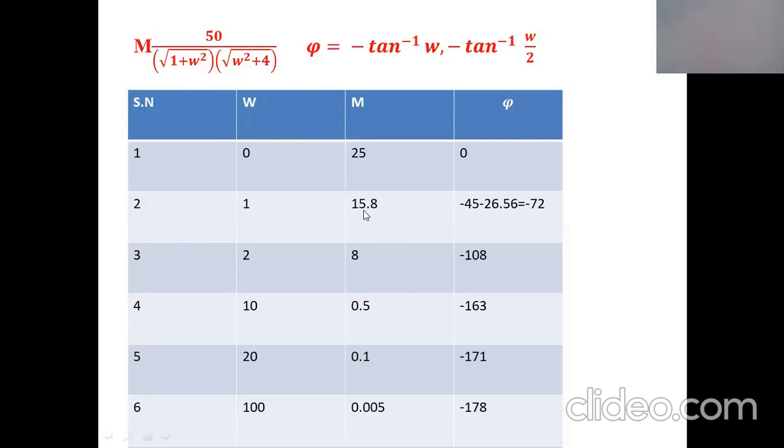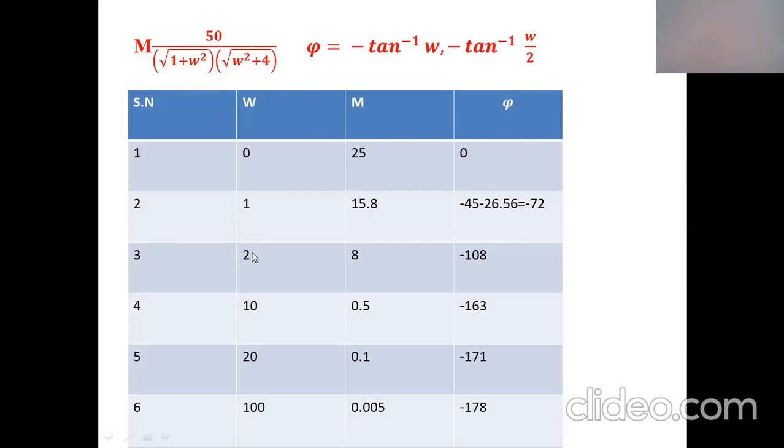You should be able to get 15.8. And then if you also check for the phase, negative tan inverse of 1 is negative 45 degrees. Negative tan inverse of 0.5 should give you negative 26.56. So putting these two together, we have a total phase of negative 70.